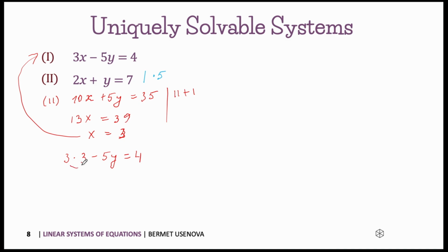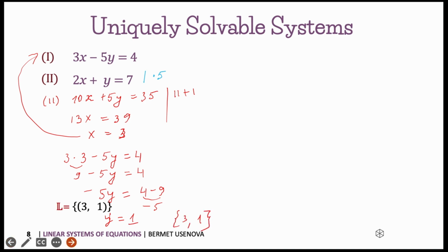And here we'll have 9 minus 5y equals 4. Minus 5y equals 4 minus 9, which is minus 5. And we will get y equals 1. So our solution set will be 3 and 1.